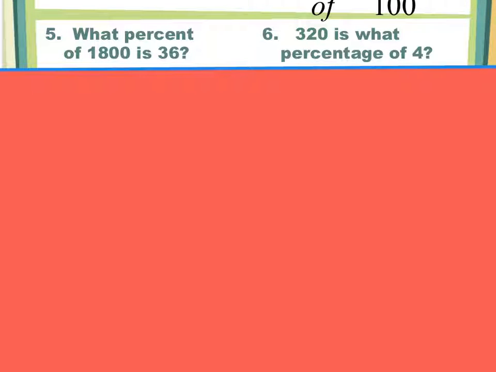What percent of 1800 is 36? If you're doing the proportion way, is over of is percent over 100. What percent would be n over 100? What percent is the same as, the question says, of 1800 is 36.